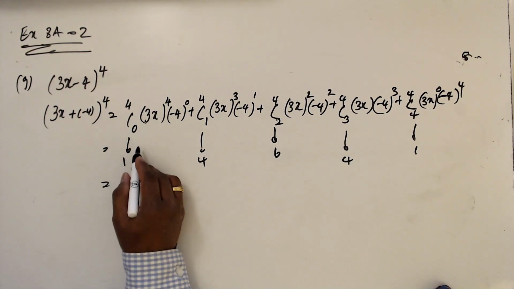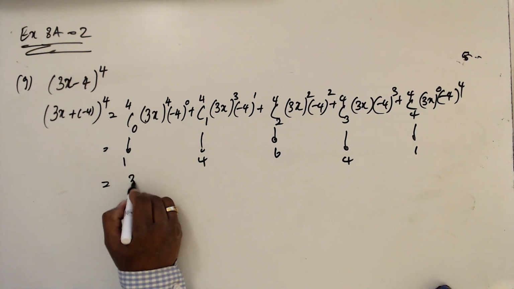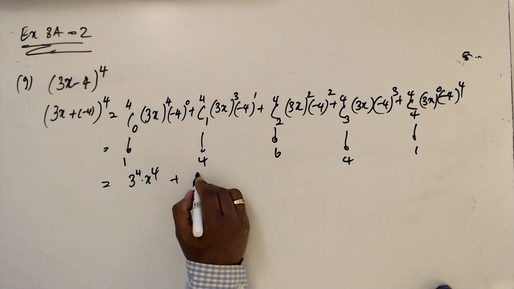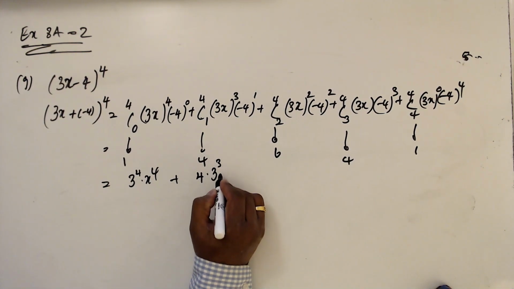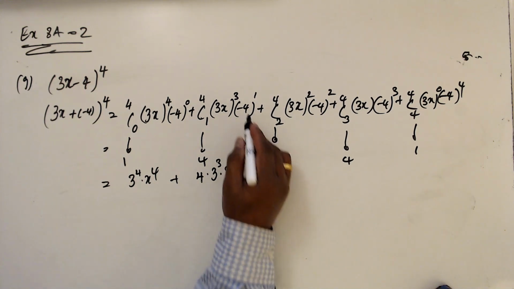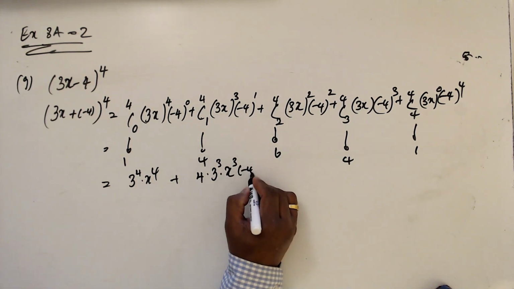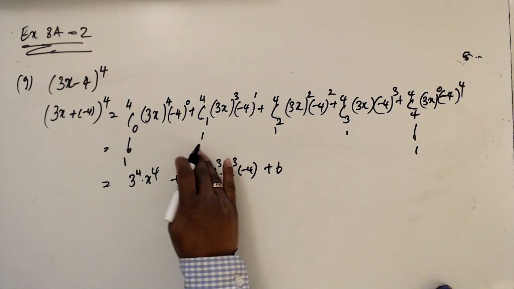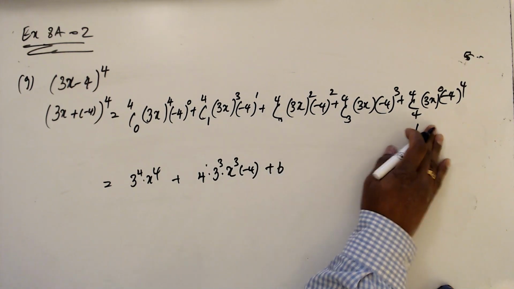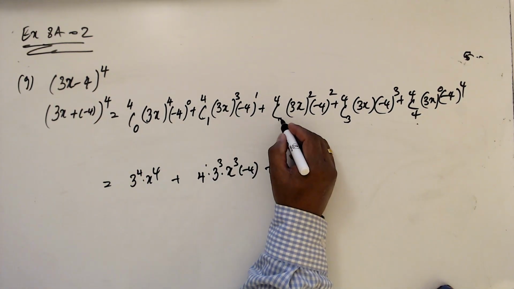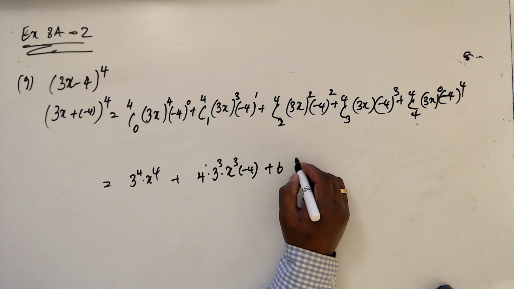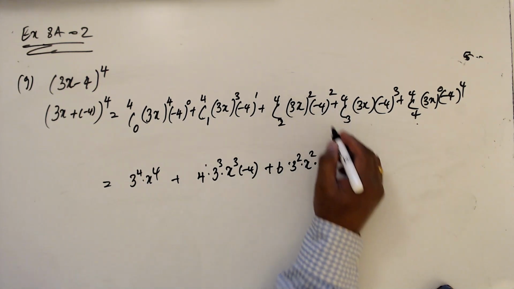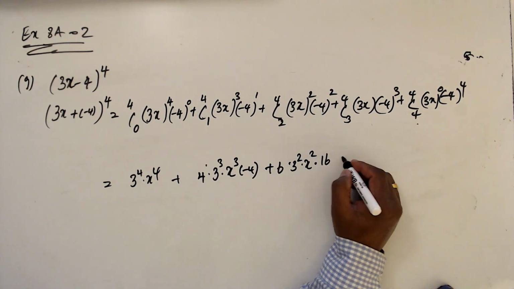Now this is 3^4 x^4, plus this is 4 times 3^3 x^3 times minus 4 to the power 1, which is minus 4, and this is 6 times 3 square x square times minus 4 square, 16.